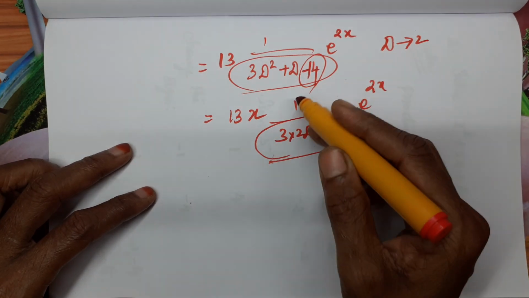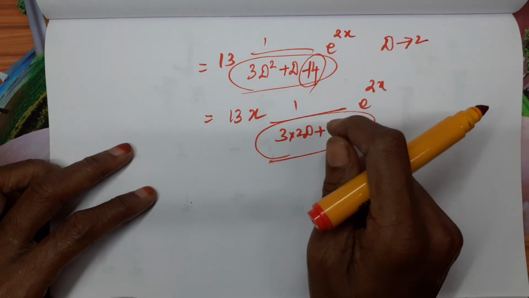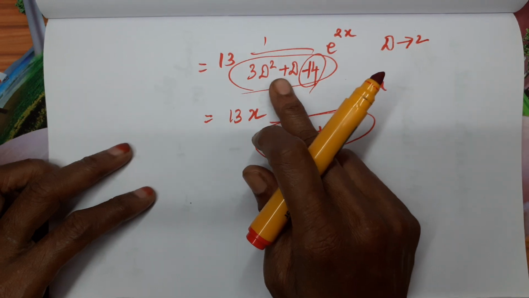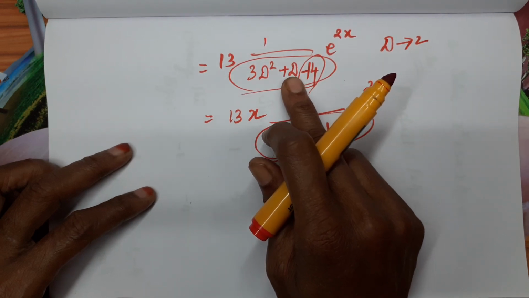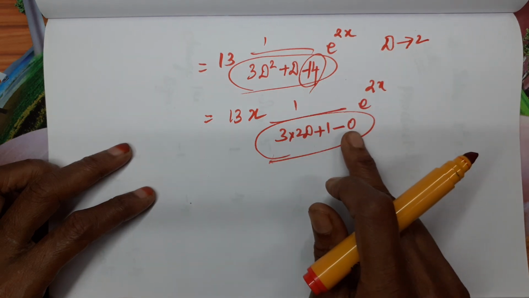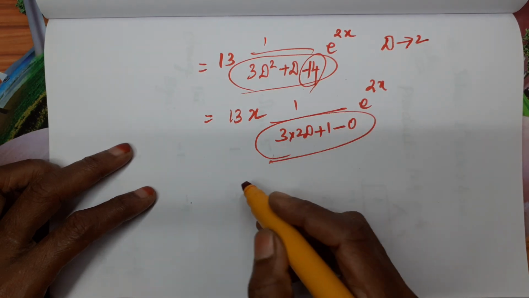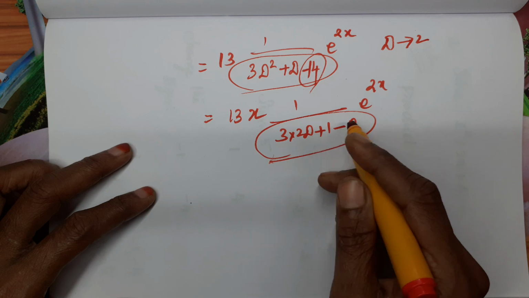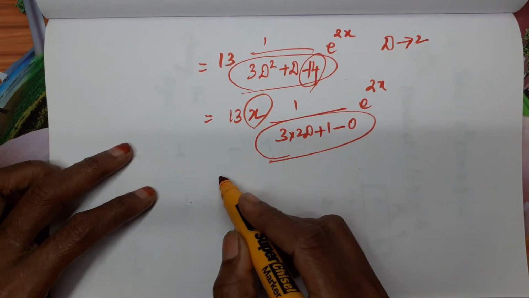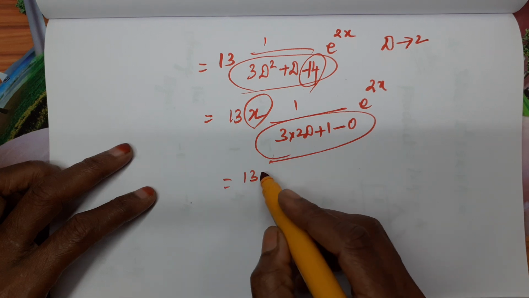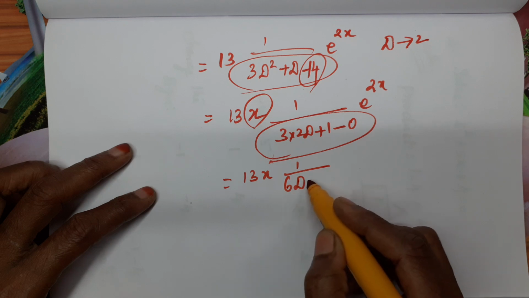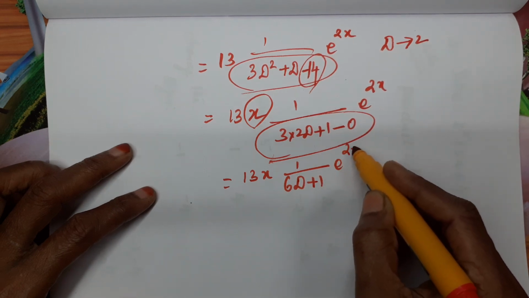The denominator term we differentiate once with respect to D: 3 into 2D plus 1 minus 0, so 3 twos are 6. When you differentiate one time, we multiply by x. So 13 into x, 1 by 6D plus 1 e power 2x.